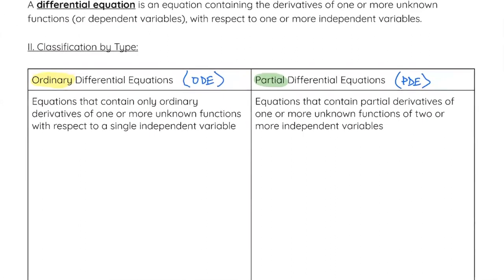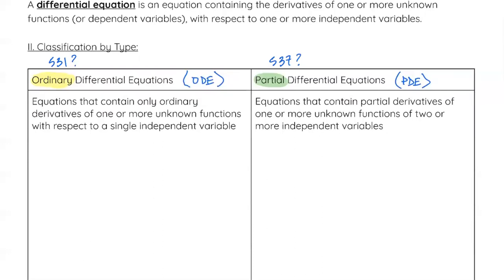For those of you who are at State, or if you're thinking about going to State, I believe this is 531 and this is 537 at State. But they are typically 500 level classes where you dive a little bit more deeply into one of the two types of differential equations.